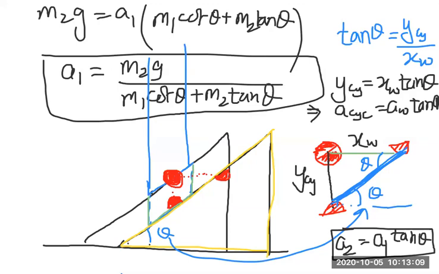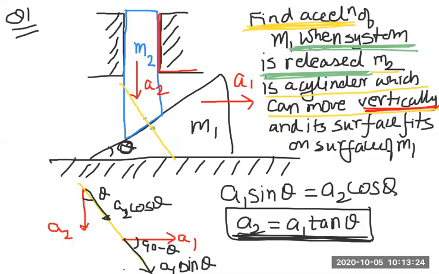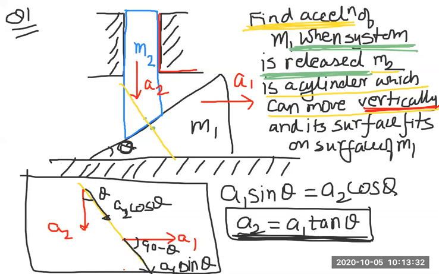It will work on all problems. So if you are having trouble finding components, जो कि नहीं होना चाहिए, मैंने वेक्टर्स में आपको बताया था कि कंपोनेंट जो है वो मेन स्टे होते हैं फिजिक्स के. If you are having trouble with this, then you can go in for that graphical wala method.